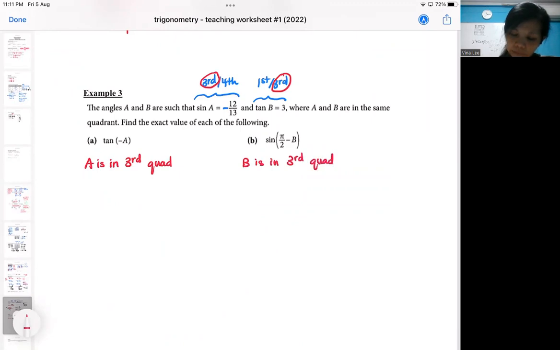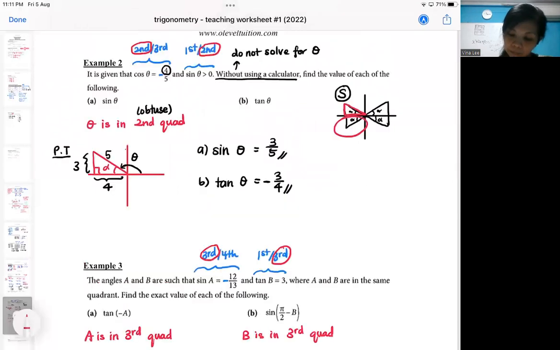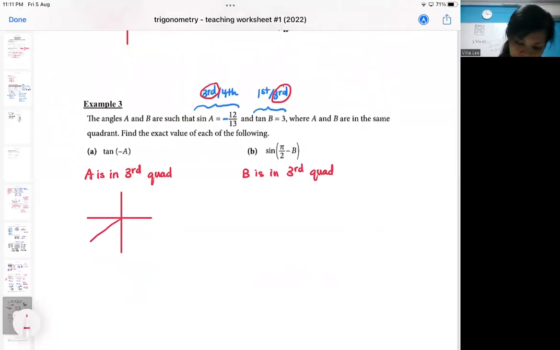So if I'm going to draw my triangle, it should look like this. I should draw a triangle. This is my alpha. This whole thing is A. And this is the O. And this is the H. Do your Pythagoras.